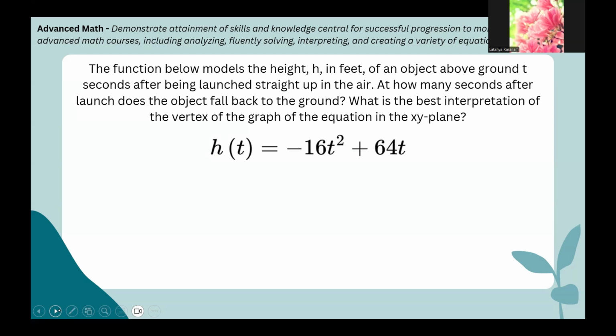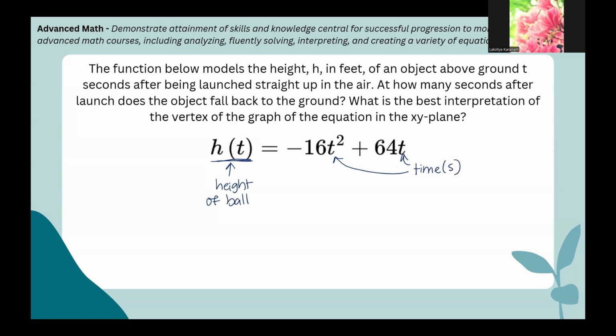So the main question, the math that we need to do here, is how many seconds after launch does it fall back to the ground? So h is the height, right? Let's understand the equation that we've been given. So h is the height of the ball after t seconds. So t is the time in seconds.